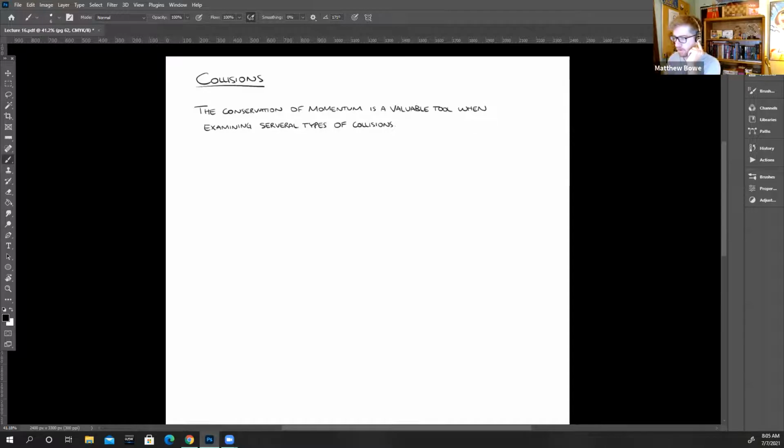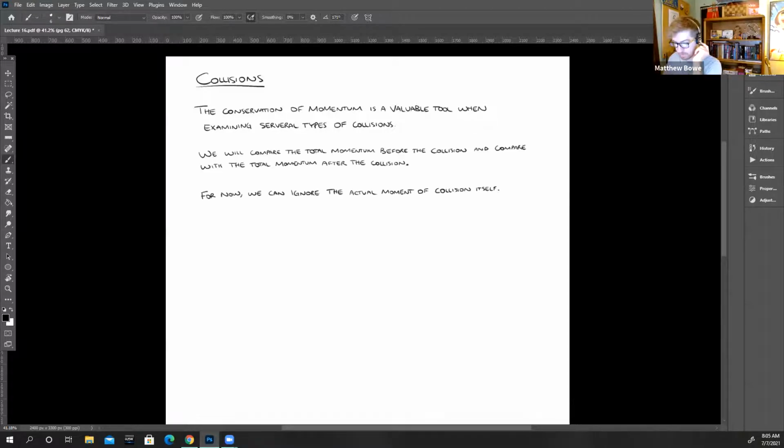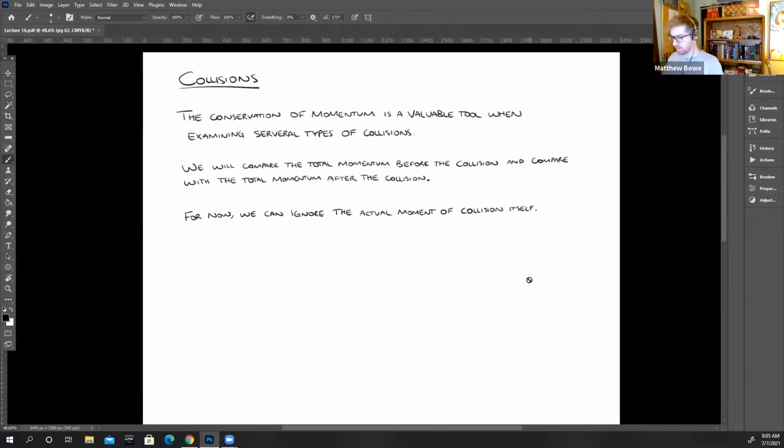For right now, we're going to ignore the actual moment that something is colliding with another object. So a car crash, at that split second where the two cars are changing velocities very quickly, or a bouncy ball hitting a table or the ground, that split second where it changes direction.